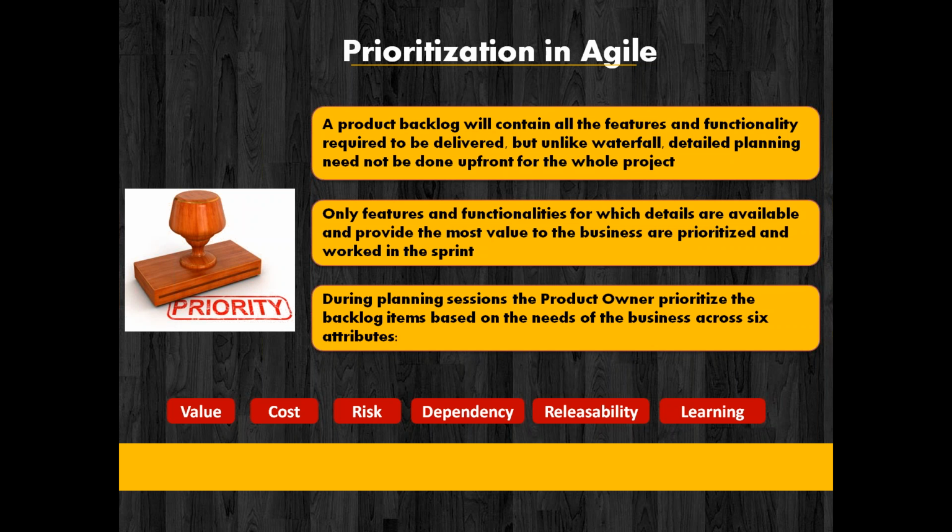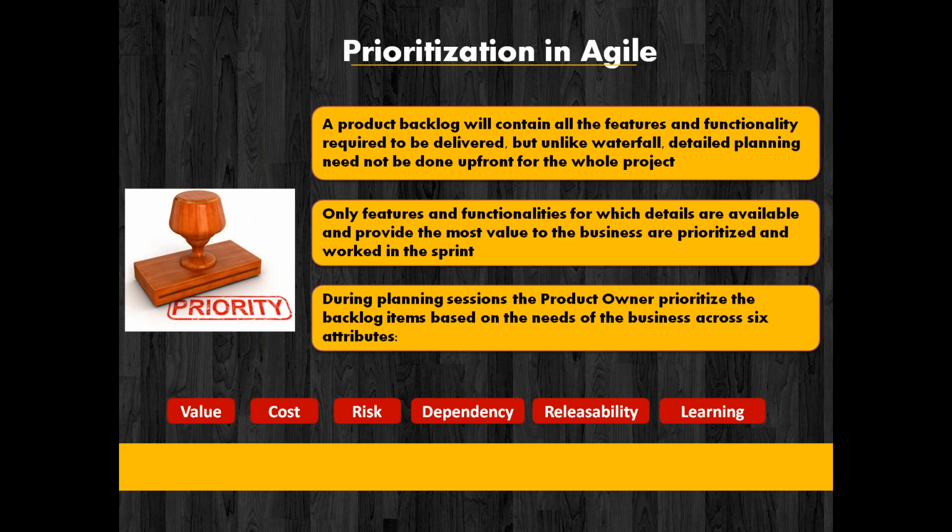So the next topic of today's webinar is prioritization in Agile. As I said earlier, a product backlog is a list of all the user stories, all the requirements which are to be delivered for that product. But unlike a waterfall model, you don't need detailed planning upfront to actually deliver the requirement to the customer.